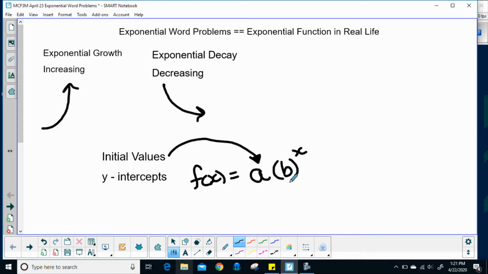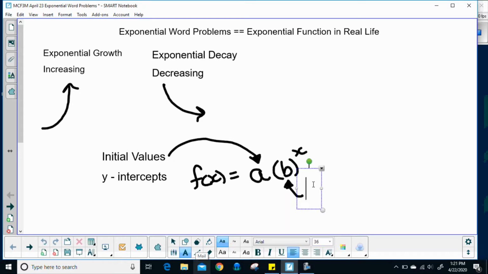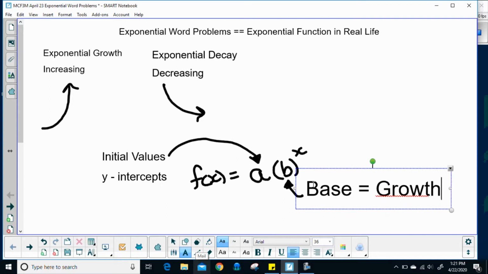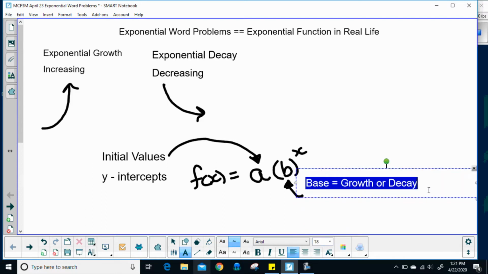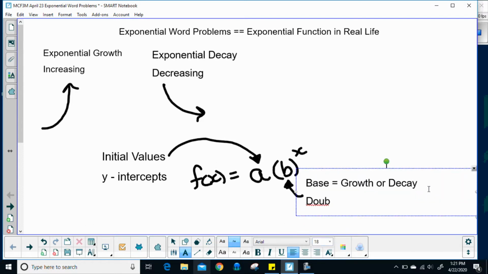We're going to play with our bases. So these bases are going to be very important. The base is going to be equal to my growth or decay factor. So how much is it actually going to grow or decay? When we're talking about things that double, then our base is going to be 2.